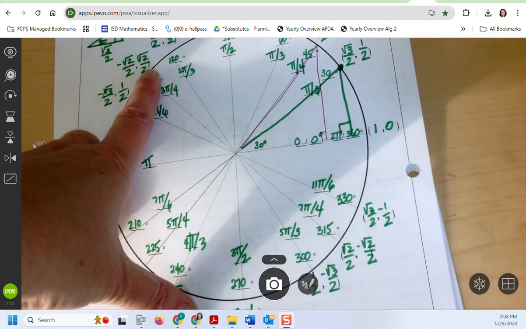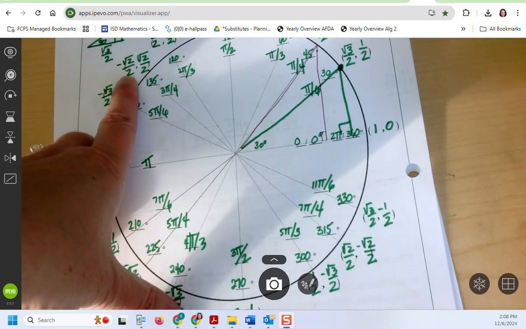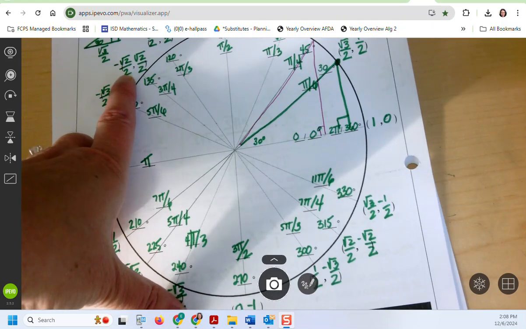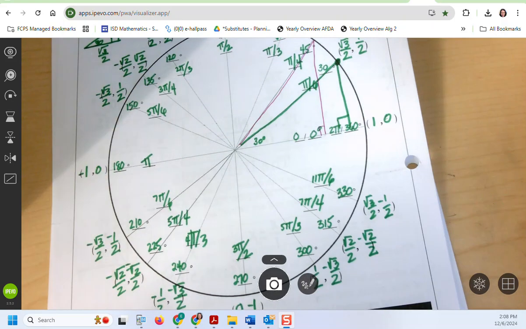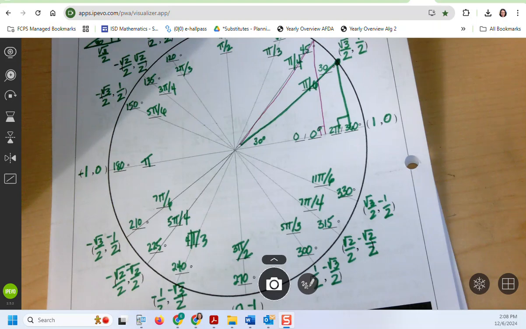Is cosine the x or the y? It's the x, and say, oh yeah, the cosine of 135 degrees, I don't even need a calculator. That's negative root 2 over 2. Okay? So you could be asked the sine, the cosine, the tangent, the cosecant, the secant, or the cotangent of any angle on the circle and be expected to pull that out of your brain.